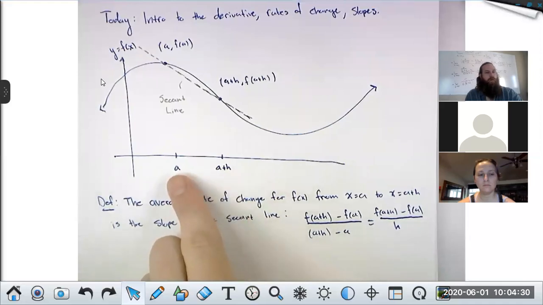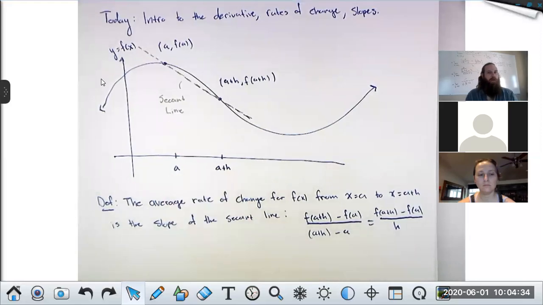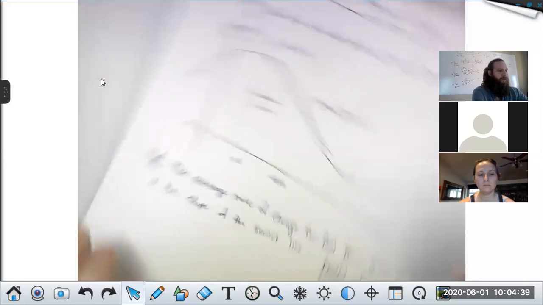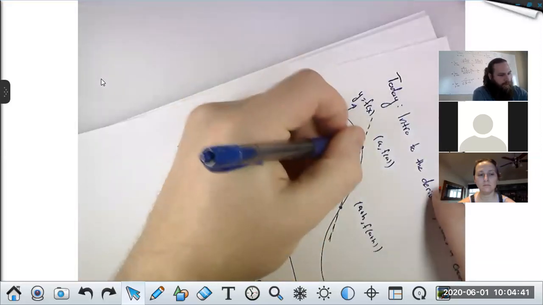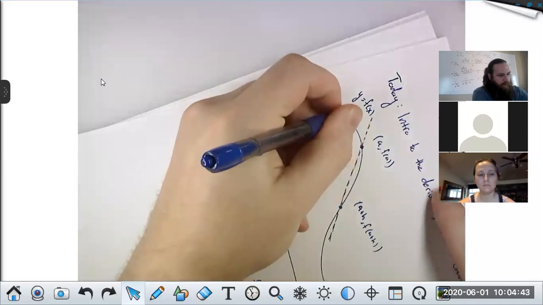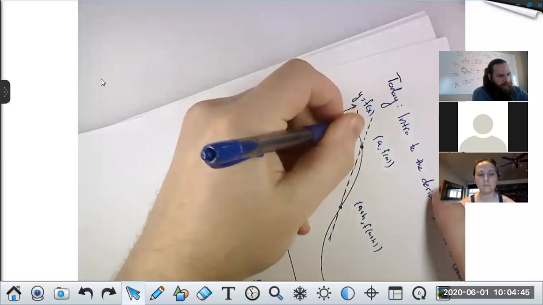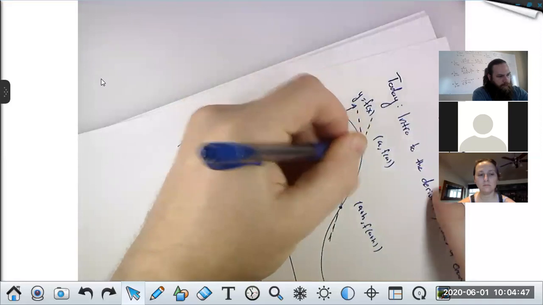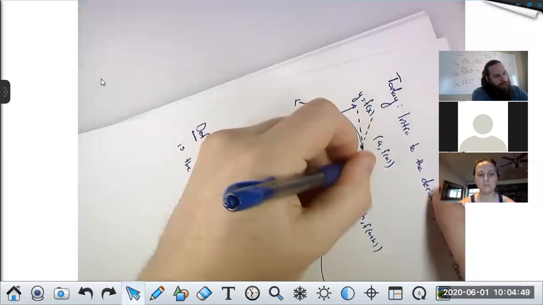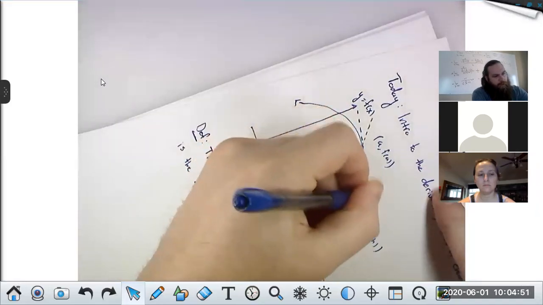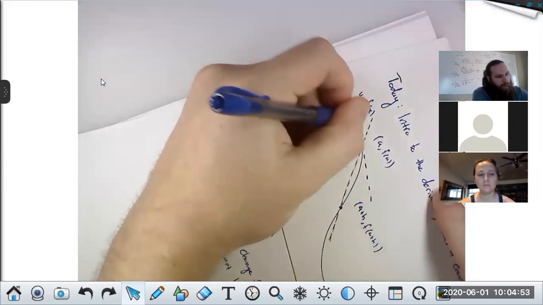That will give me what's called the slope of the tangent line. The tangent line looks like this. It's the line that just barely kisses the graph there, and it does so with exactly the right slope.